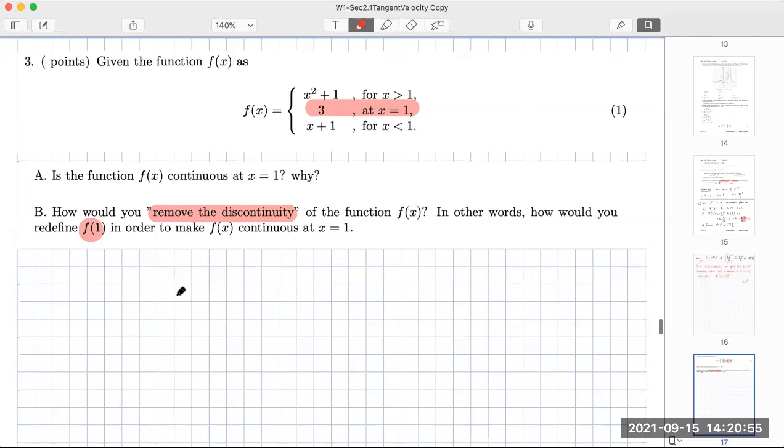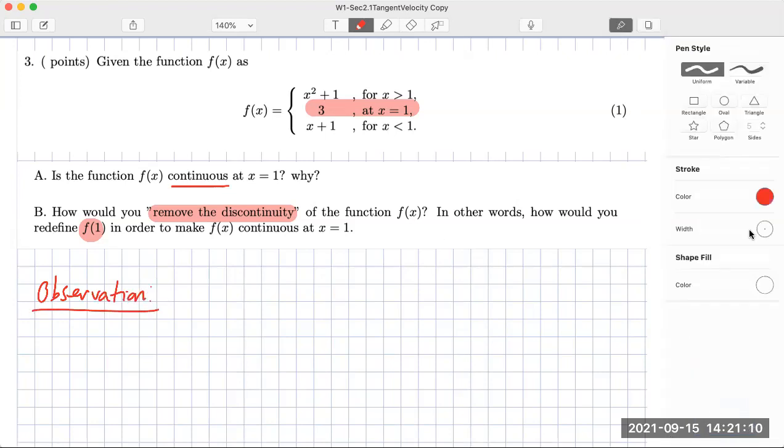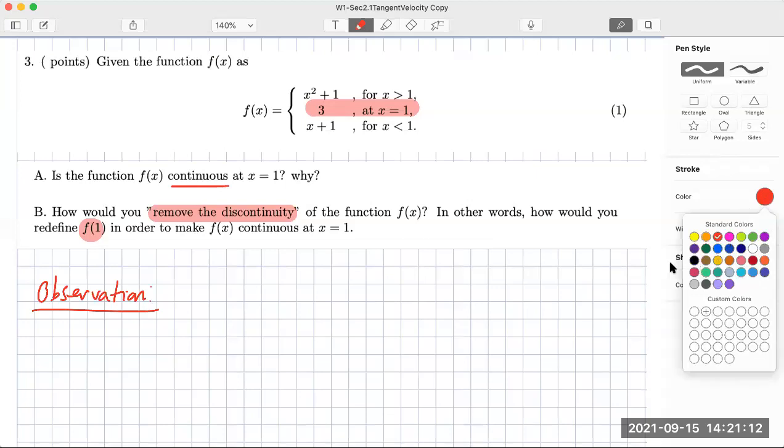Okay, so in order to prove this, we need to go back to the definition of a continuous function, right? Do you remember the three conditions of a continuous function?